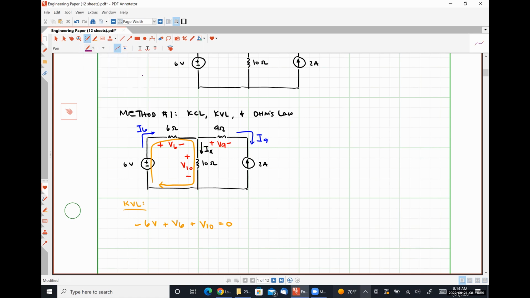The next thing I'm going to do is write a KCL equation at this purple node.